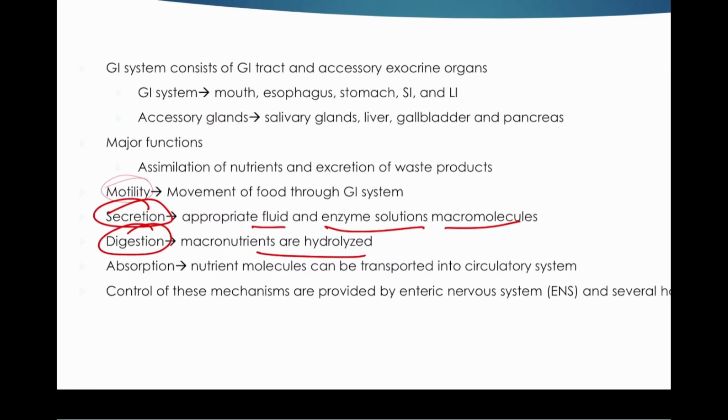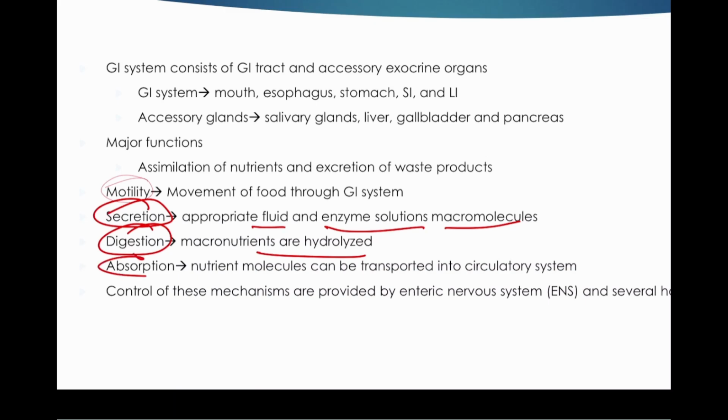So digestion, from a physiological standpoint, is breaking down macromolecules into the smaller ones. All those complex carbohydrates into glucose, proteins into amino acids, and all the cholesterol, like the fat, is broken down into fatty acids and glycerol that we can then take up. So that is the digestion, breaking it down into smaller parts.